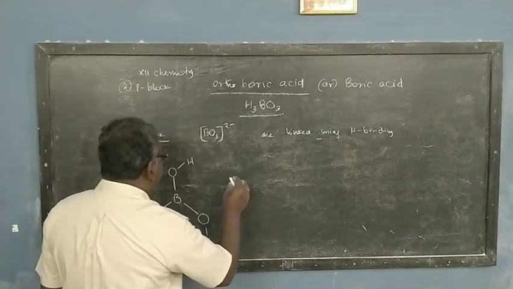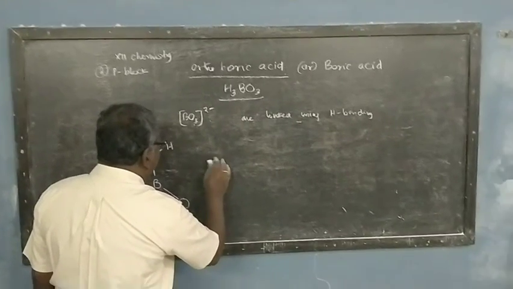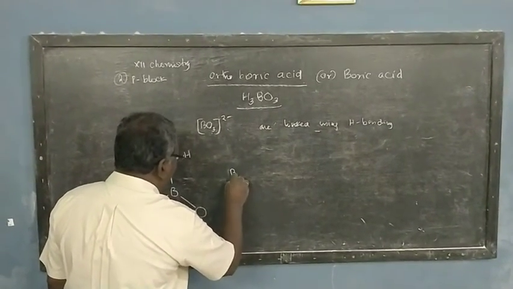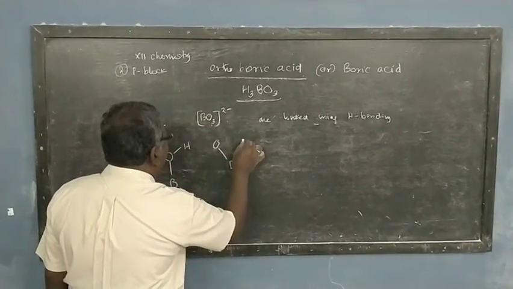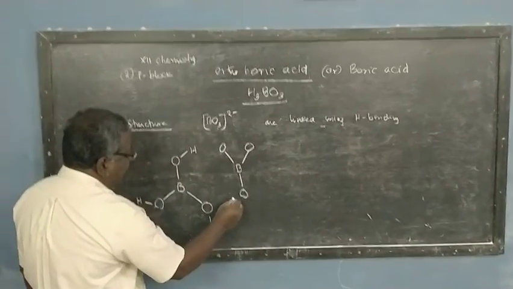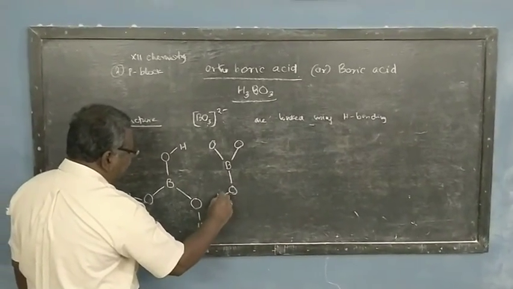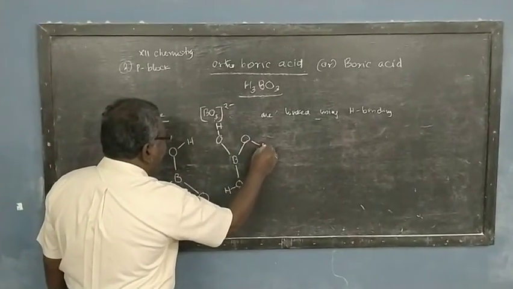And the second boric acid we put here. In that, you have to put 1 oxygen down and 2 oxygen up. Right? Now, this will have 1 hydrogen. This will have 1 hydrogen. This will have 1 hydrogen.